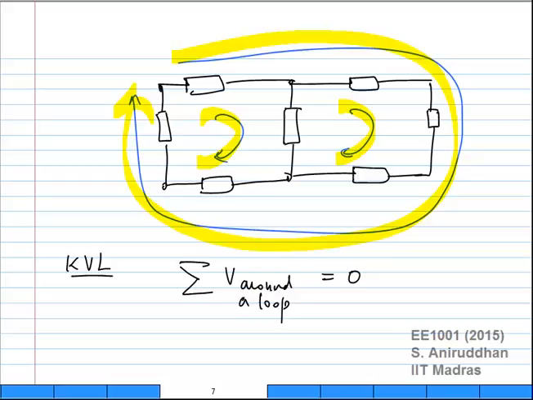Because the potential of a particular point is a characteristic of that point, if I go through the circuit and come back at the same point, that has to be 0. Therefore, Kirchhoff's voltage law can be defined in this form: the sum of the voltages around the loop will be 0. This is how you would define Kirchhoff's voltage law.